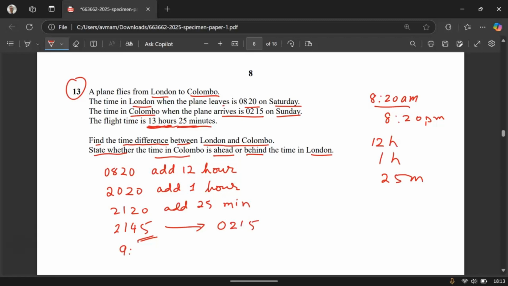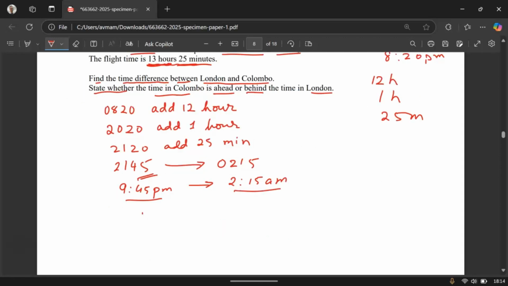This is 9:45 p.m. and this time over here is 2:15 a.m. So 9:45, 10:45, 11:45, 12:45 and 1:45. That gives us 4 hours. Okay, after 1:45 you have 2:15 and that will give you 30 minutes.